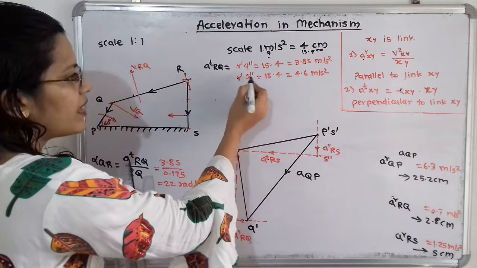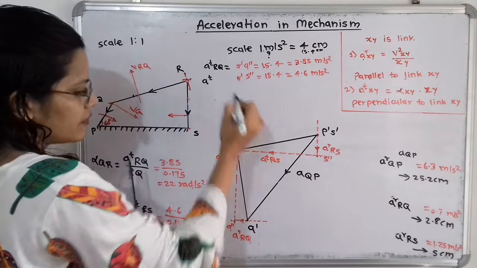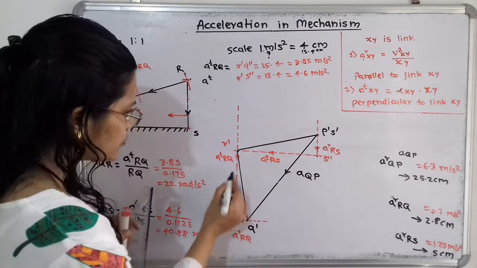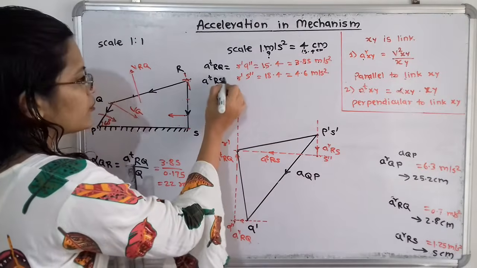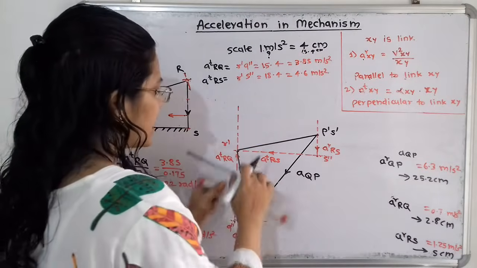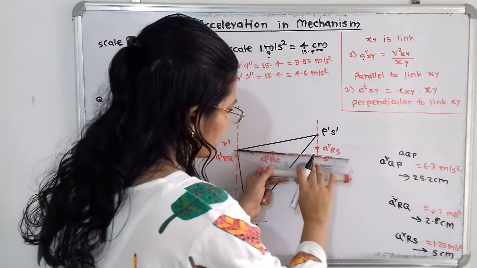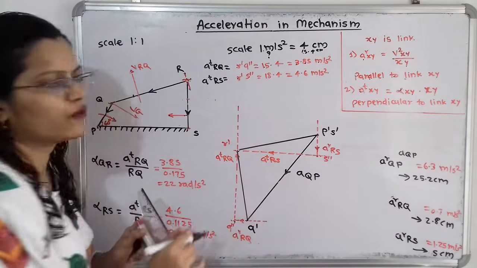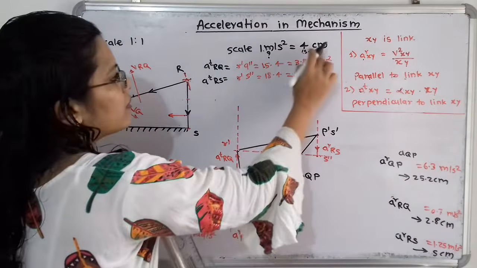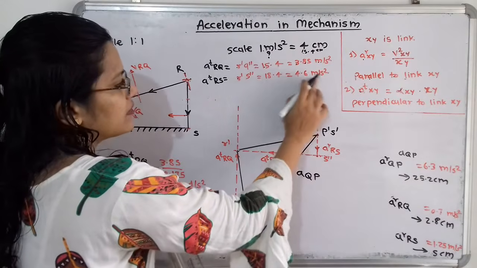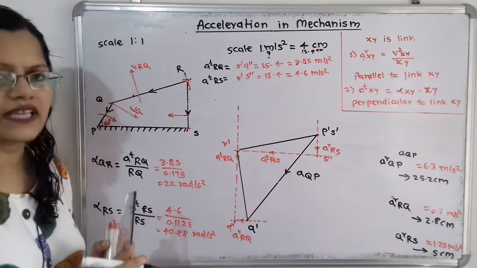In the same way, for A raised to T RS, I have to measure this tangential component. If I measure this, I get 18.4 centimeters. Using the same scale, I get 4.6 meters per second square.